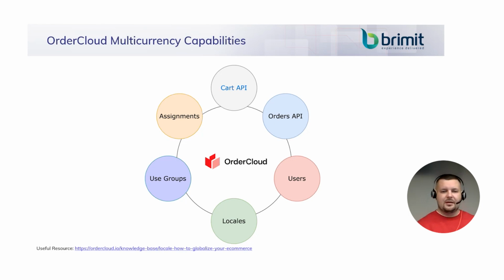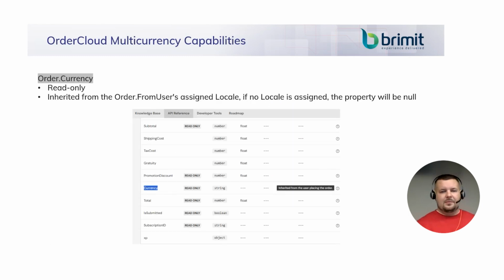So what we have in OrderCloud: the OrderCloud API provides order currency or cart currency in the cart API, and currency is read-only, so there is no possibility to just patch an order or cart and update the currency in a customer cart. So it works in a bit different way.